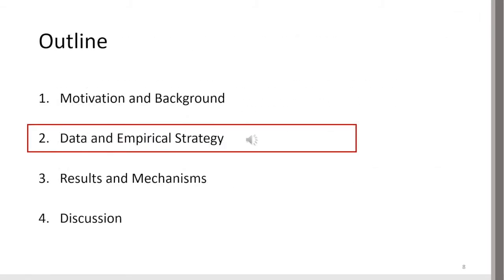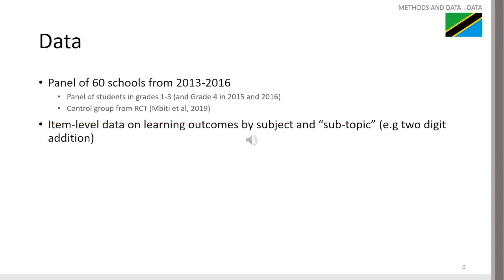I will now describe our data and empirical strategy. The data that we use in the study comes from 10 districts in Tanzania, where we had conducted a previous RCT. These are nationally representative. We have a panel of 60 schools from 2013 to 2016.